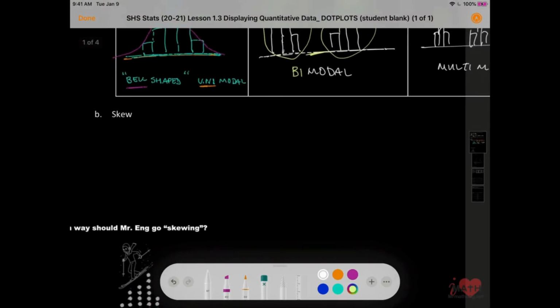All right. What is skew? What does skew mean?